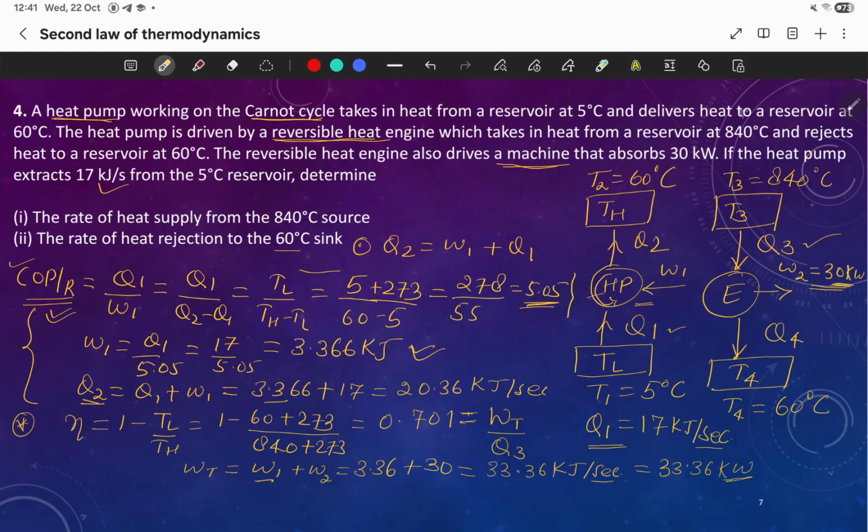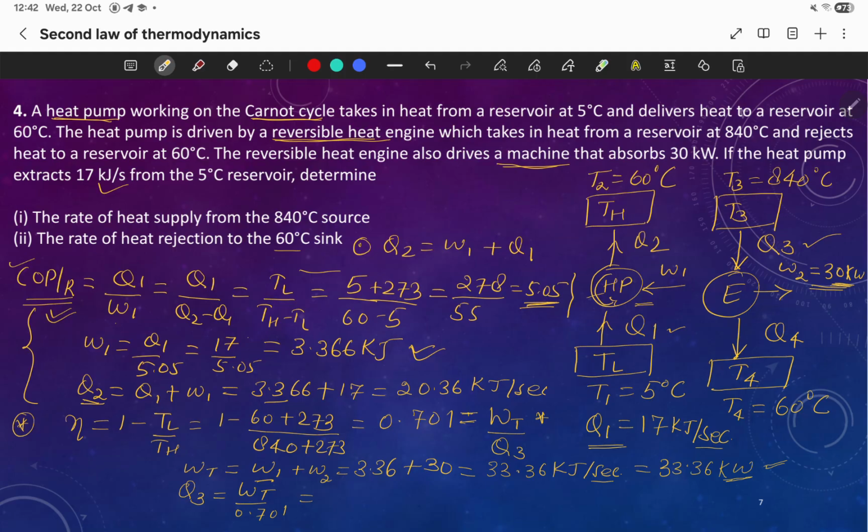Okay, so this is W total, and from here we get the W total value. Now put the W total value here. We will get the Q3 value. So Q3 will be W total upon 0.701.